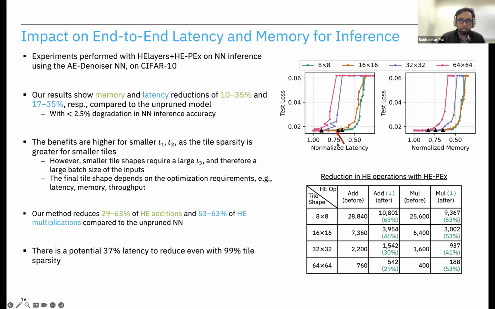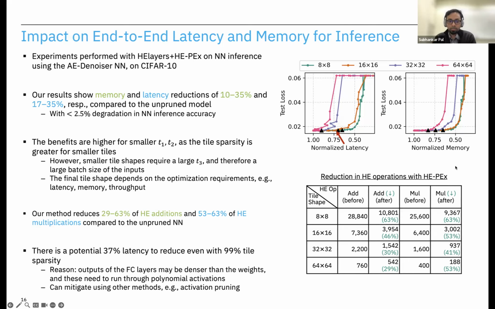But I wanted to point back to this chart and show that for this particular point, we did a pruning such that the tile sparsity came to be 99%, but the latency is still not linearly reducing with sparsity, and it's kind of saturating. So at this point, there's a 37% latency margin still to be reduced, and we wanted to investigate why that's the case.